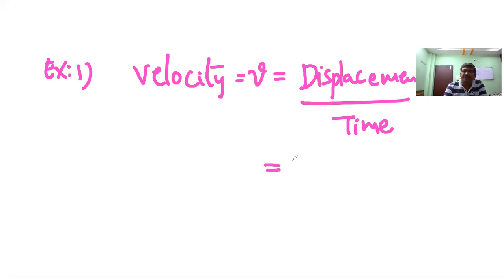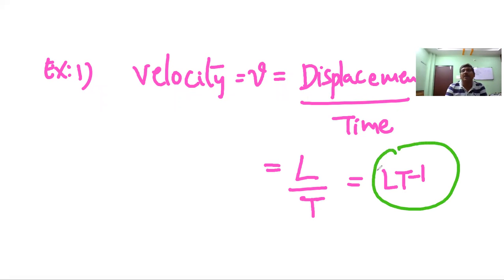The displacement is measured in terms of length dimensions, so it's L, time is T. So its dimension formula is LT minus 1.